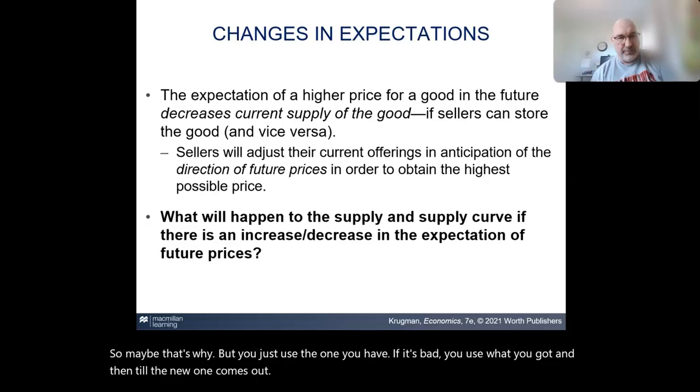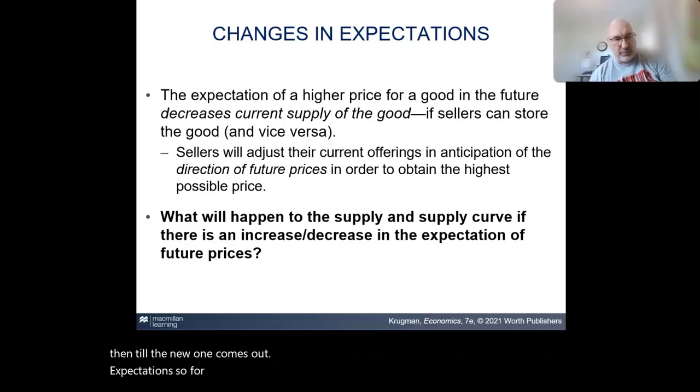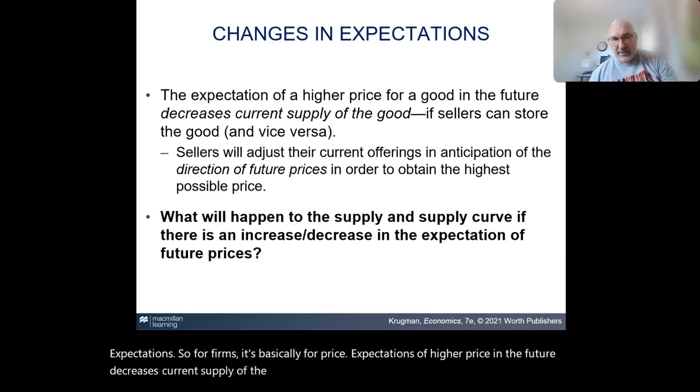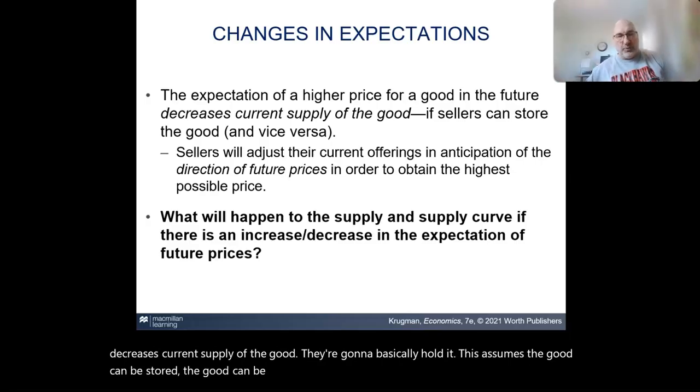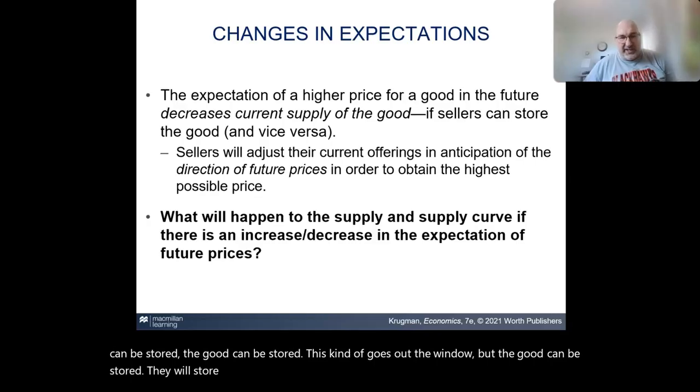Expectations. For firms, it's basically for price. Expectations of higher price in the future decreases current supply of the good. They're going to basically hold it. This assumes that the good can be stored. If the good can't be stored, this kind of goes out the window. But if the good can be stored, they will store it and sell it in the future at what they believe to be the future higher price.